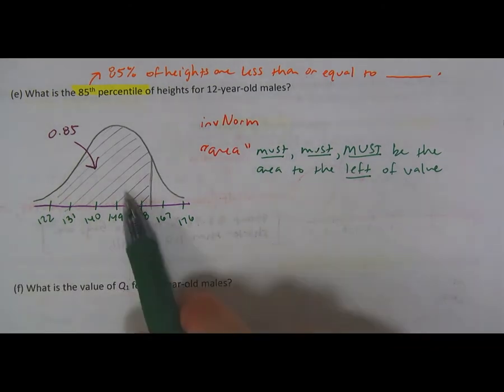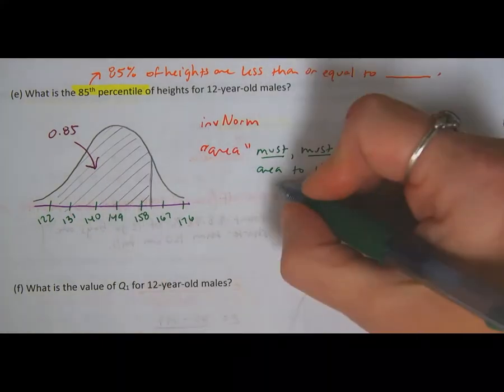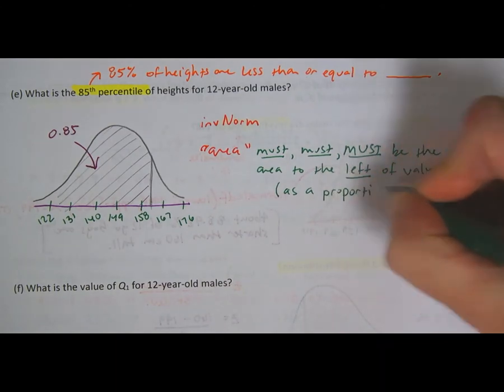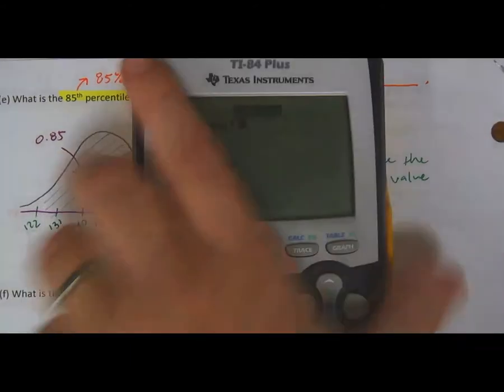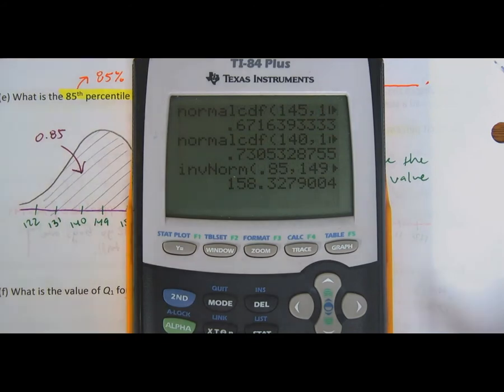So this one's really easy, and you might be wondering why I'm stressing that, because this is just the 0.85. Oh, and enter as a proportion. So don't type in 85, type in 0.85. Area to the left of my value of interest is 0.85. The mean is 149 centimeters. The standard deviation is 9. Here's our answer.